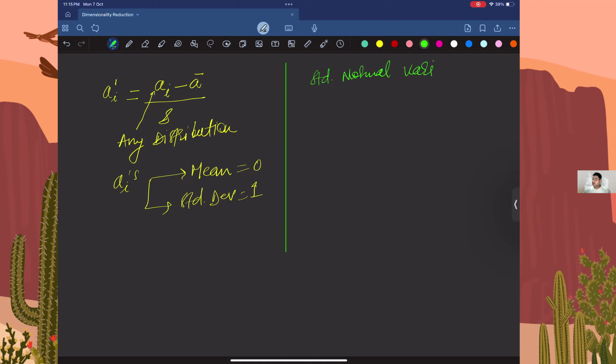We have studied this in statistics, and this is represented as Z. The formula of this standard normal variate was X minus mu by sigma, where X belongs to a normal distribution or Gaussian distribution with mu and sigma, and Z also belongs to a normal distribution 0, 1.